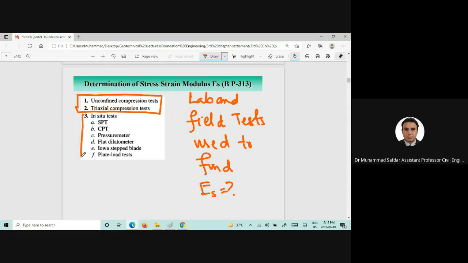And these are the in situ tests: the standard penetration test, cone penetration test, pressuremeter, and flat dilatometer test, which will be discussed in today's lecture, as well as the Iowa stepped blade and plate load test.